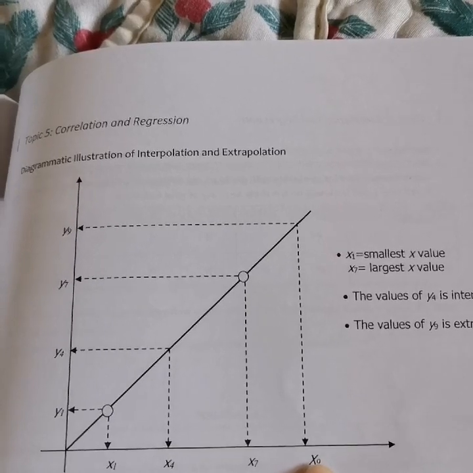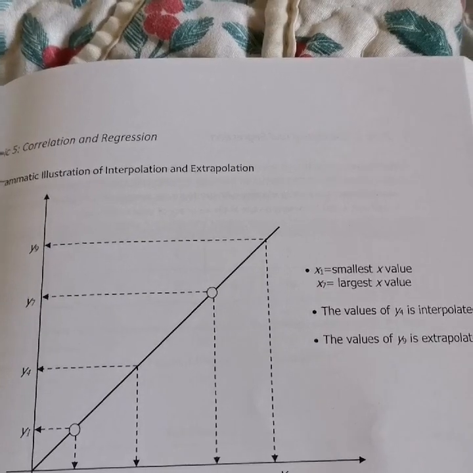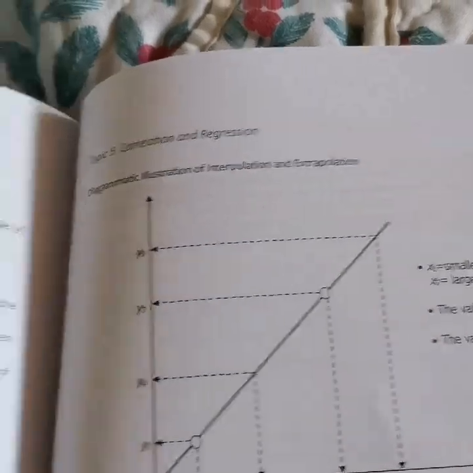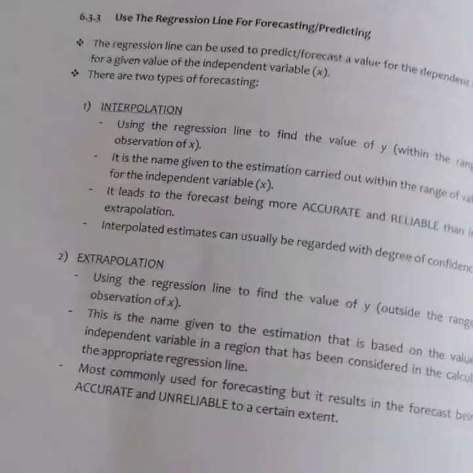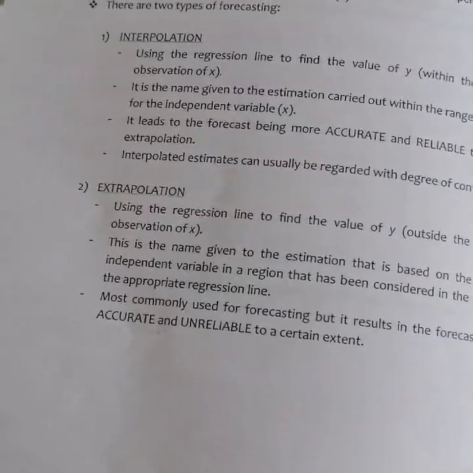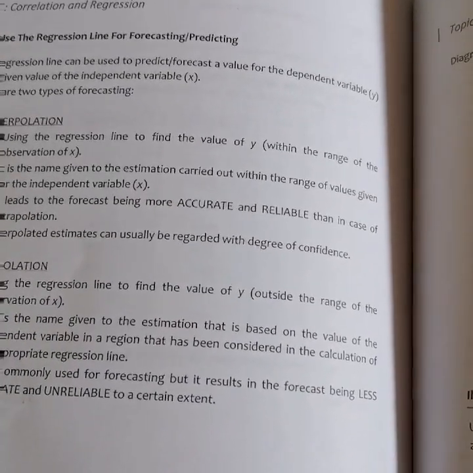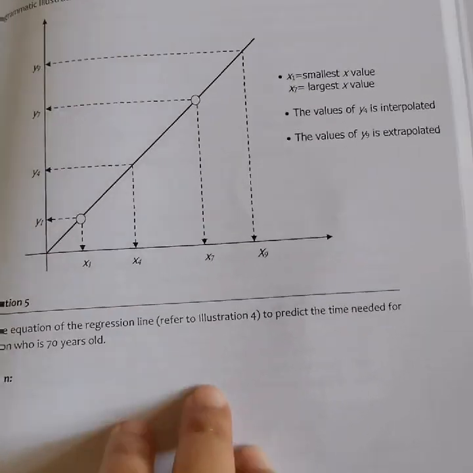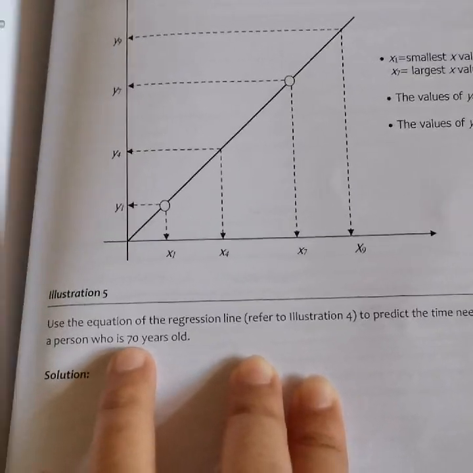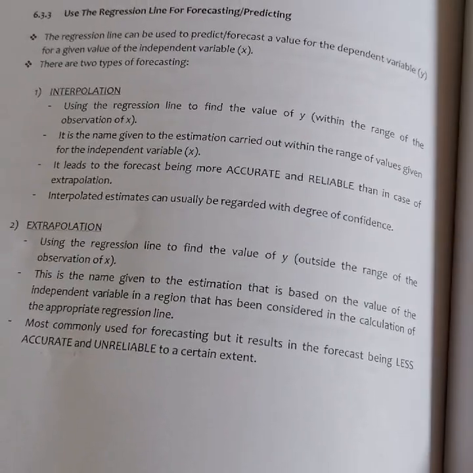So when it is out of the range, the value that we get from this estimation is an extrapolated value. When it is an extrapolated value, the forecasts are said to be less accurate and unreliable. So every time you do your estimation, every time you predict y given x, you need to mention the reliability and the accuracy of your estimation.